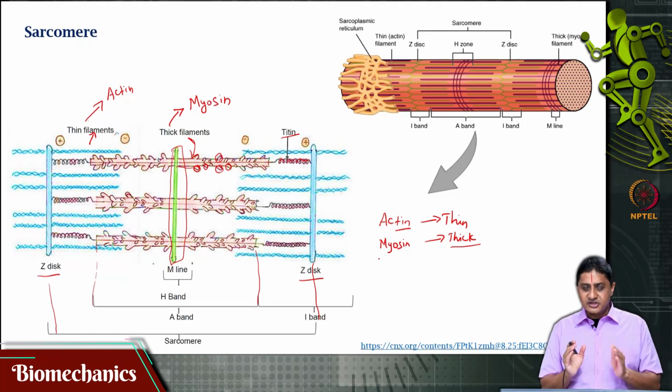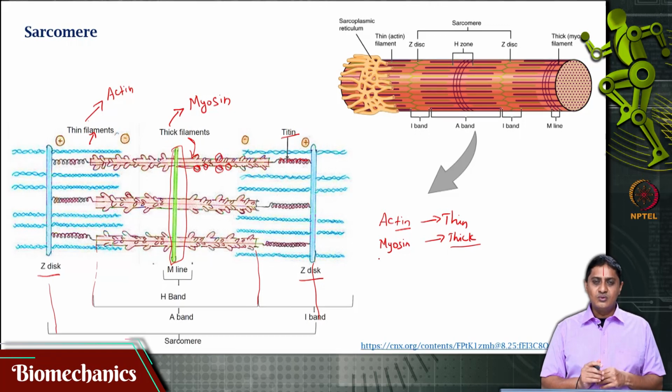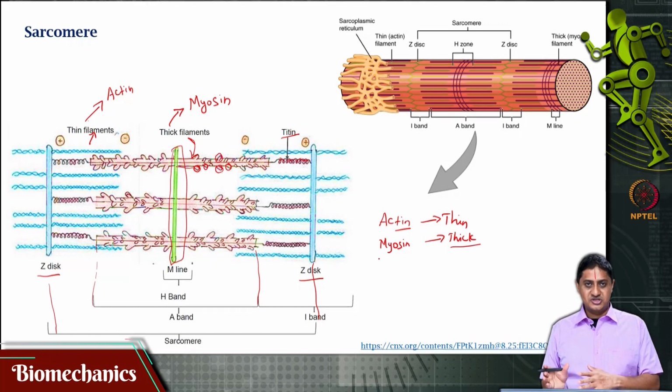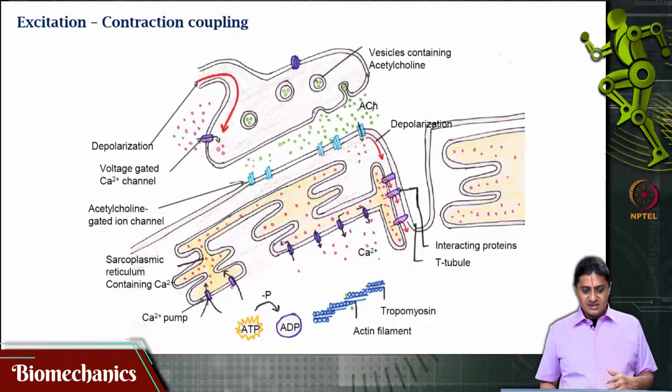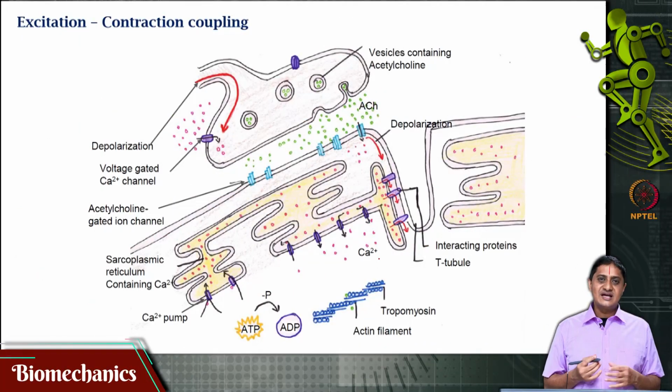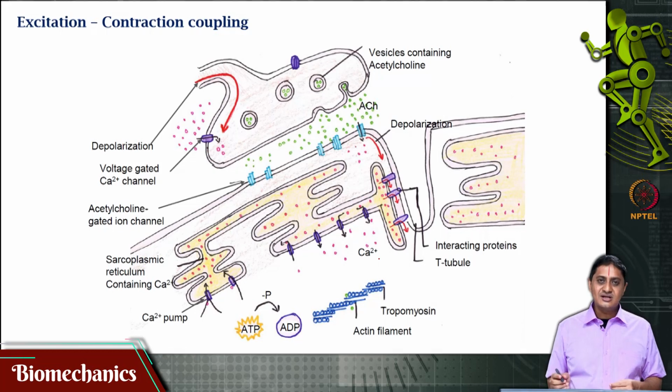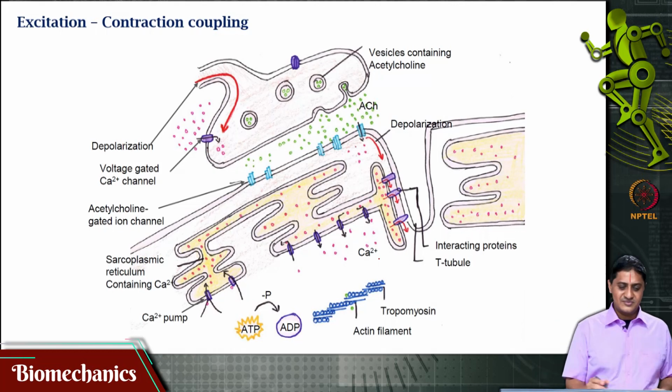So, we restrict our attention to how the command that is received from the neuron is processed in the muscle cell. We are interested in how the muscle cell is converting this electrical signal that is received into a mechanical output. This phenomenon in which an electrical signal is converted into a mechanical output is called excitation contraction coupling.